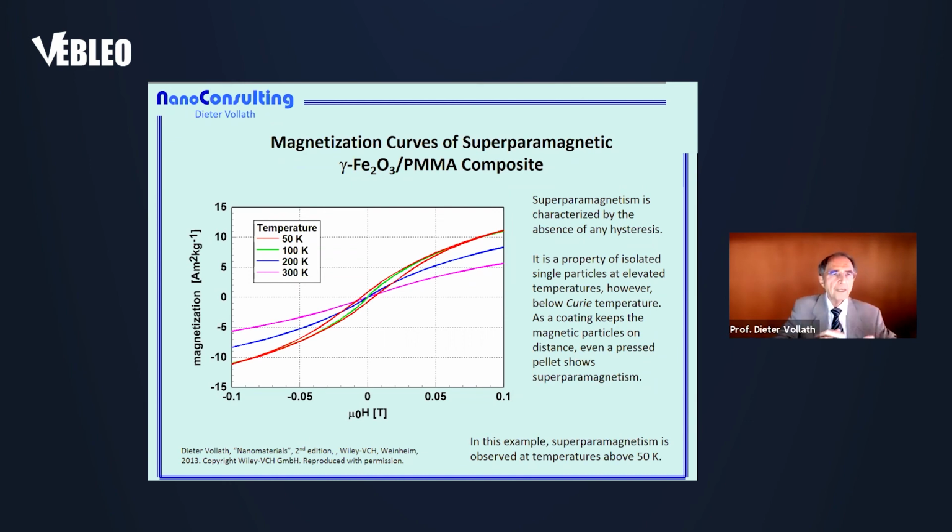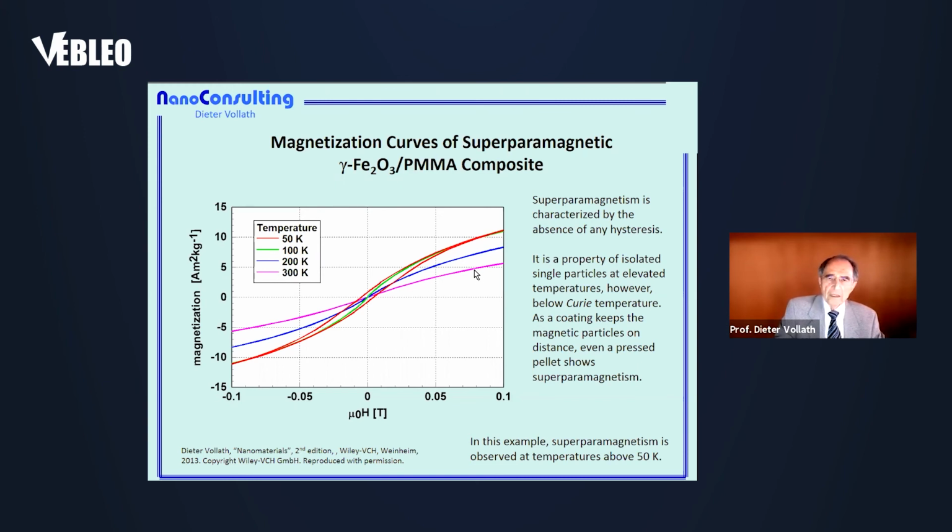When we keep the particles at a certain distance, then we have the chance to have a three-dimensional body which is superparamagnetic. And that's what we see here. We had gamma iron oxide coated with PMMA.